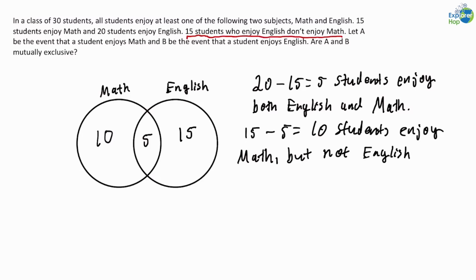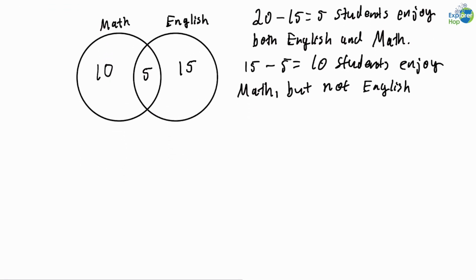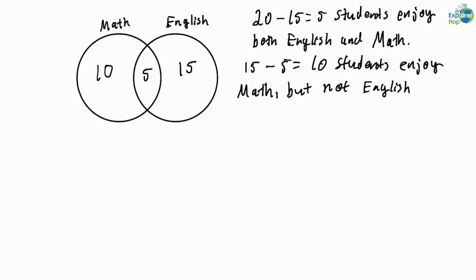So now from the Venn diagram, we can determine the probabilities of event A, B, and the intersection of A and B, as well as the union of the two events. So we have that the probability of event A, which is the probability that a student enjoys math, is equal to the total number of students who enjoy math divided by the total number of students in the class.